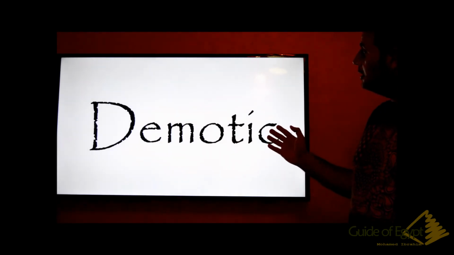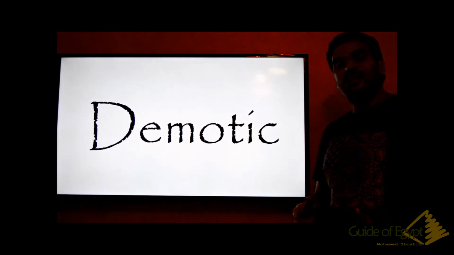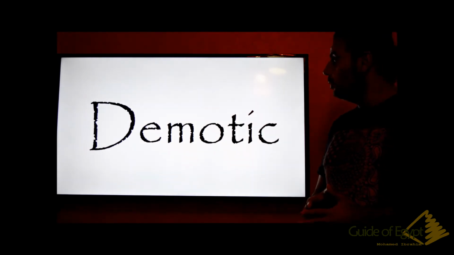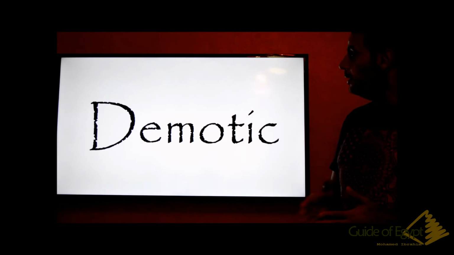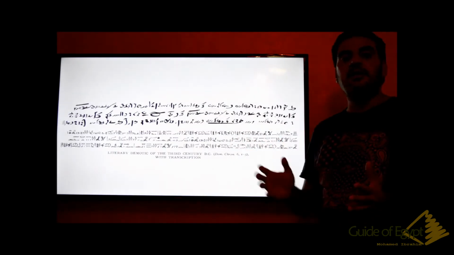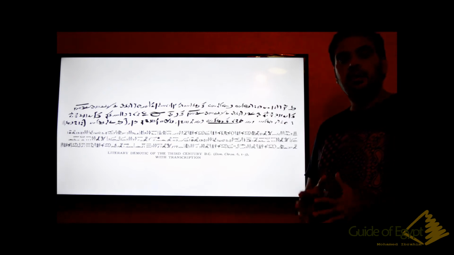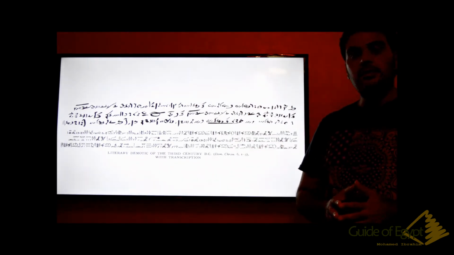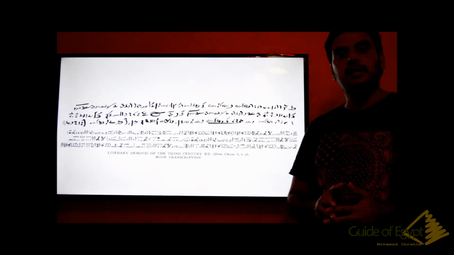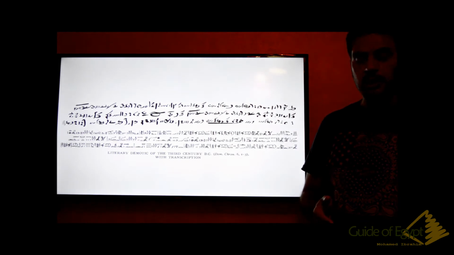The third type of writing is called demotic, from the Greek word demos, which means the public or the locals. This is a very easy style of writing, so they could quickly finish any writings or letters to be sent to somebody else inside Egypt or outside Egypt.